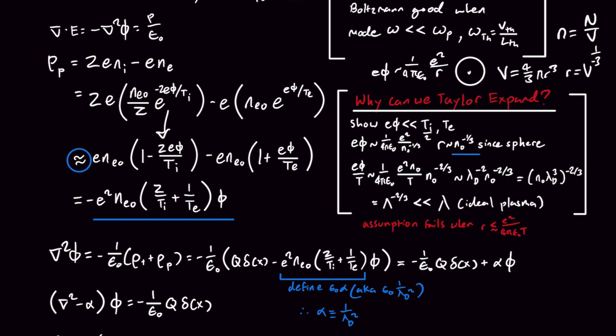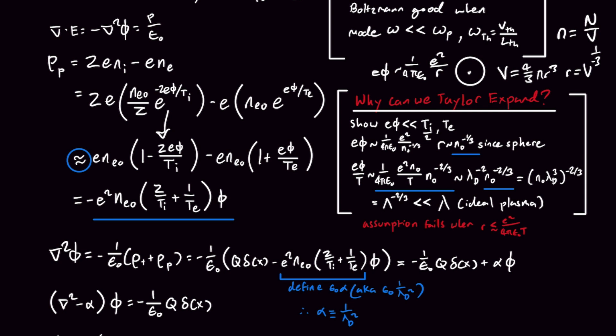And then we can get this value over here, which is basically going to be the Debye length, the quote unquote species independent Debye length, which is the normal definition of Debye length, times the density to the power of negative 2/3. And then you can simplify this by putting these together into density times Debye length to the power of 3, to the power of negative 2/3.